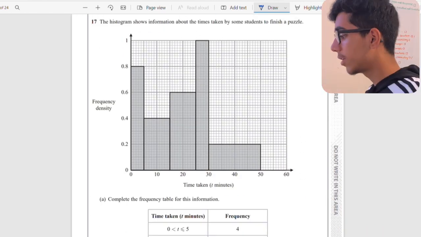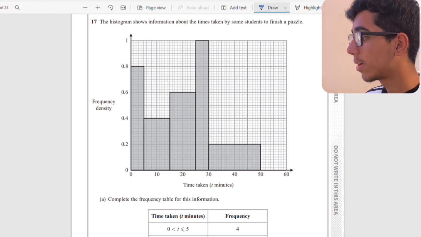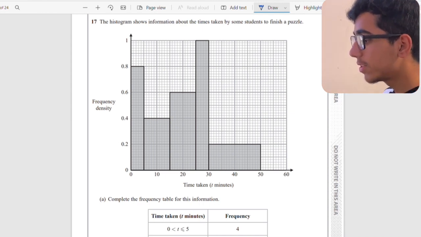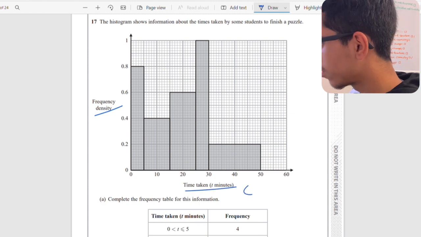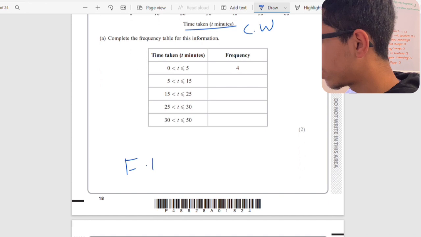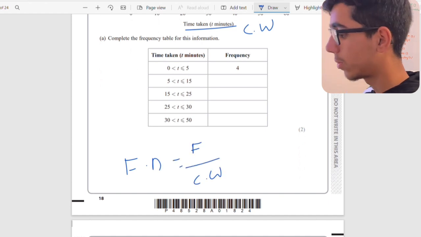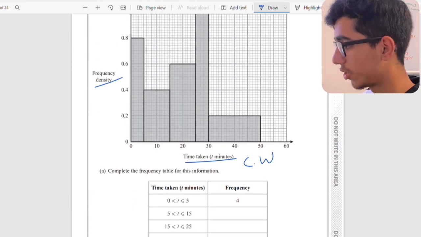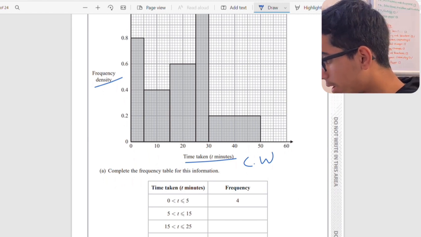It shows the information about the times taken by some students to finish a puzzle. Complete the frequency table. Okay, frequency density, and time taken, which is also class width. So we know that frequency density equals frequency over class width. I think that's the equation. And we can just check, for example, how they got 4 for the 0 to 0.25.